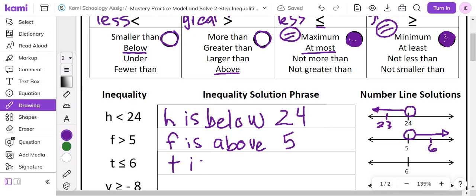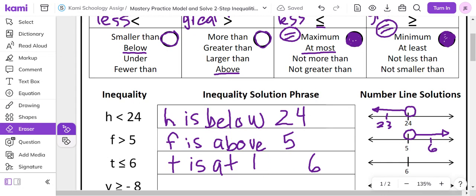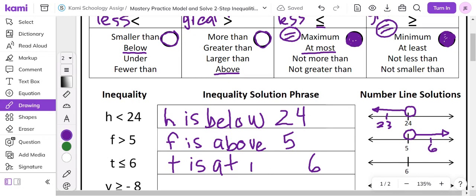T is at the least 6. So I said that wrong. At the most. At most. At the least is over here, that's a different symbol. So T is at most 6.